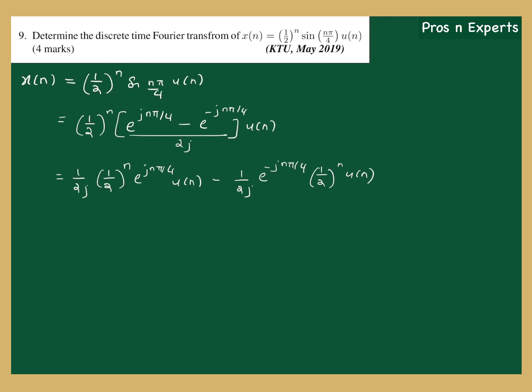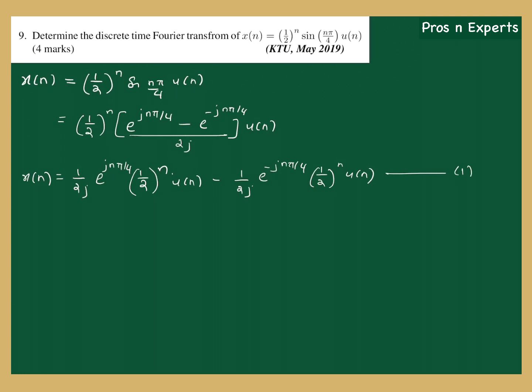Let me rearrange this. I can write e raised to j n pi by 4 into half raised to n like that, which may be a bit convenient. Both are the same, but for convenience I'm writing it like this. Now this is my x of n. Let this be equation number 1.